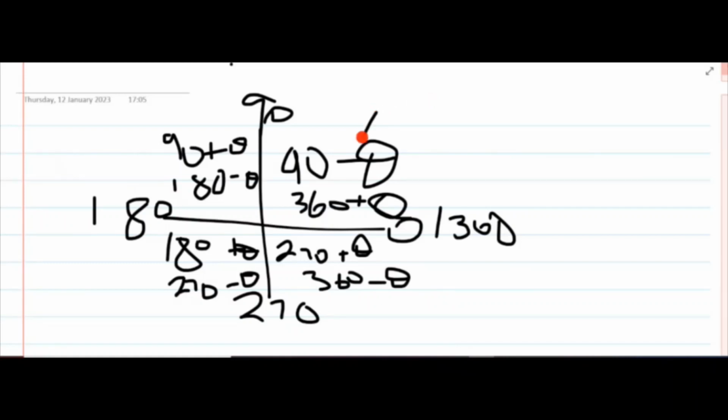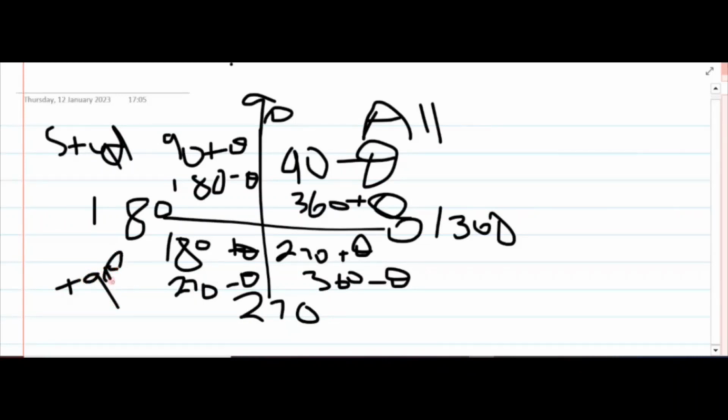So here it's All, Students, Take, Care. Excuse my writing. We focus on the first letter of each word, except for quadrant 1, because in quadrant 1 all the trig ratios are positive.